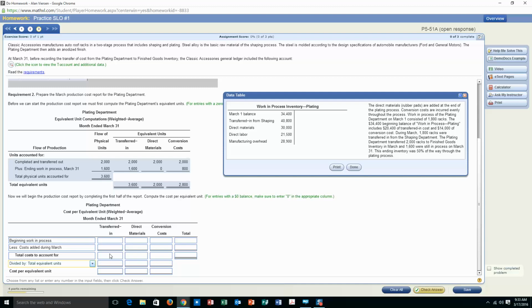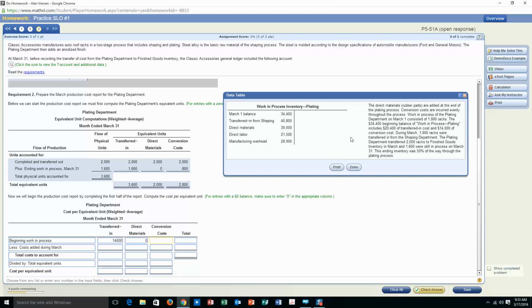To fill this area in right here, just go over here, take a look and see what the amounts are. Transferred in, it says, is 14,000. There's 0 for the direct materials, because it was added at the end.